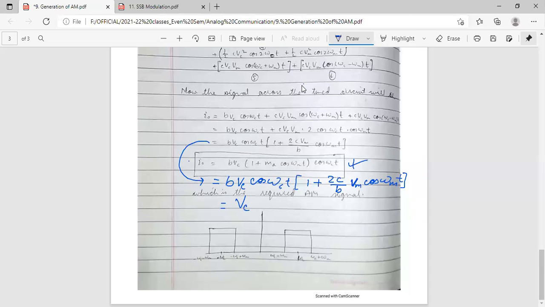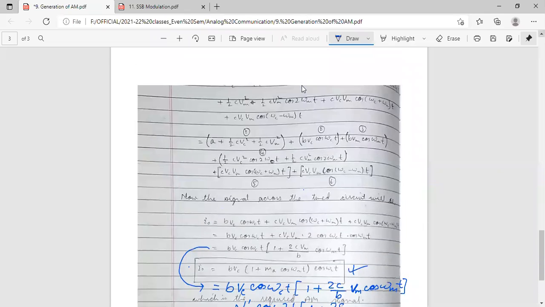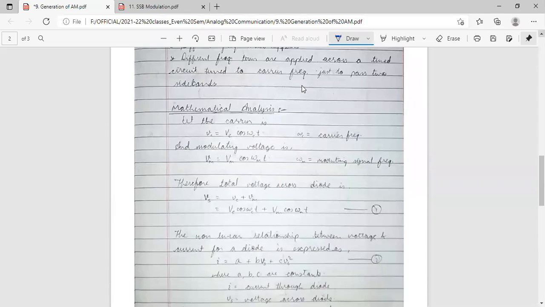Okay, so this BVC can be assumed as some other constant, Vc dash cos of omega ct times 1 plus 2c by b, Vm cos omega mt. This Vm cos omega mt is nothing but xt.